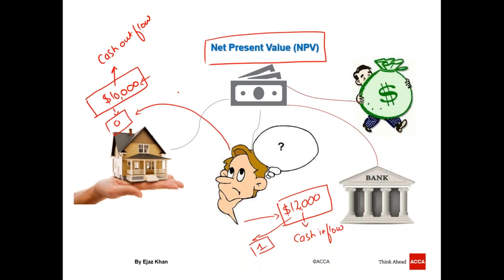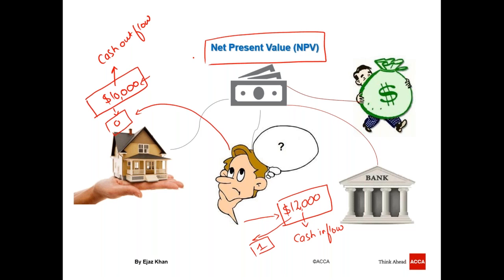So these $10,000 will be generated by the company either through equity, that is raising shares, share capital, or borrowing from a bank. So from whoever this company takes these $10,000 will certainly require a return on investment.